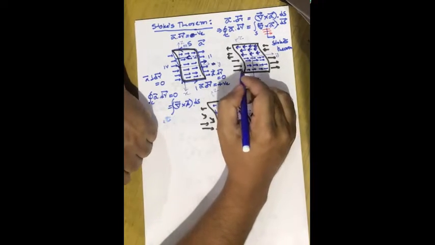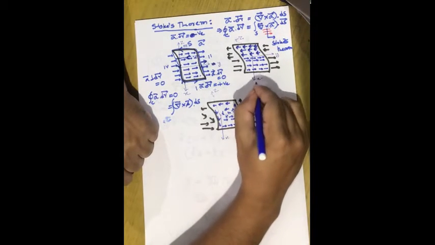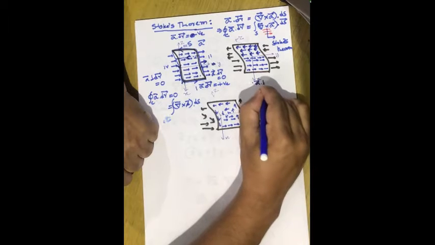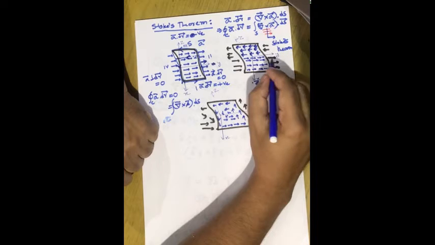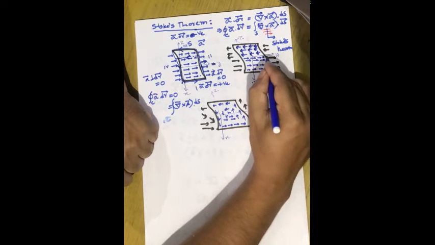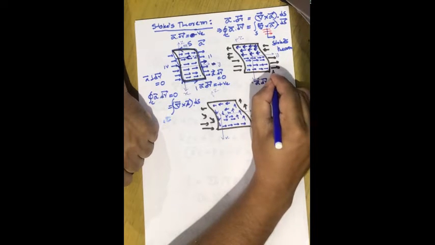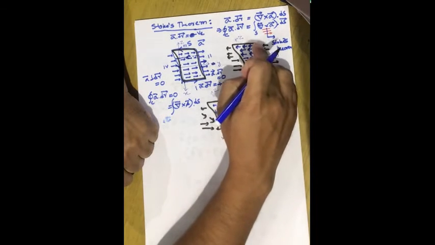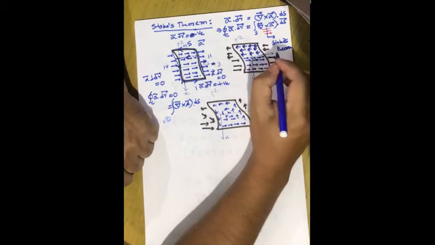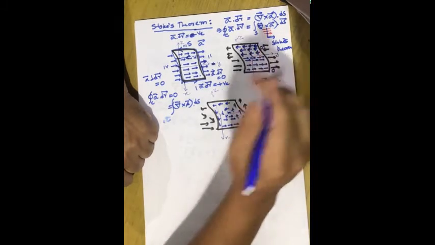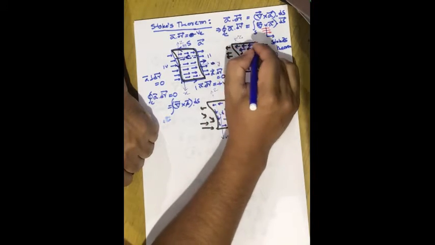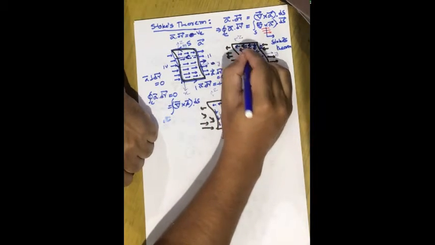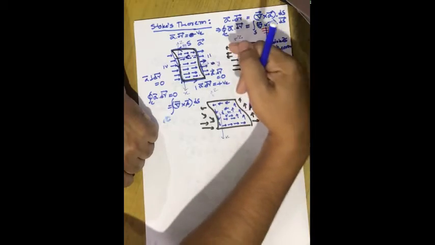In this part, A dot dr is equal to a positive number here. Then along this direction A dot dr will be equal to 0, and along this direction also A dot dr will be equal to 0, and along this direction A dot dr will be a positive number because the vector is pointing towards the negative y direction.